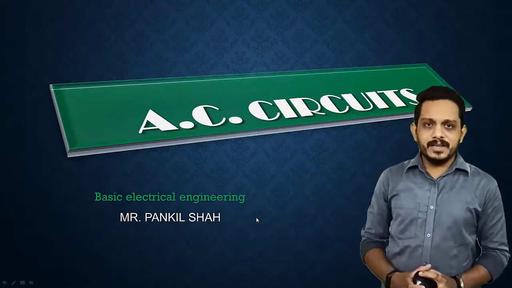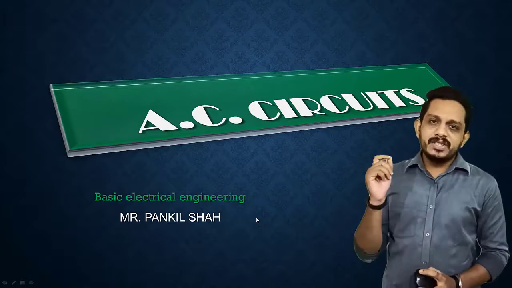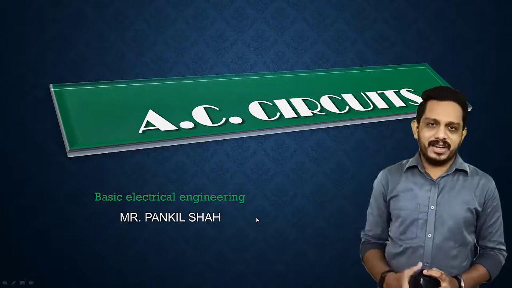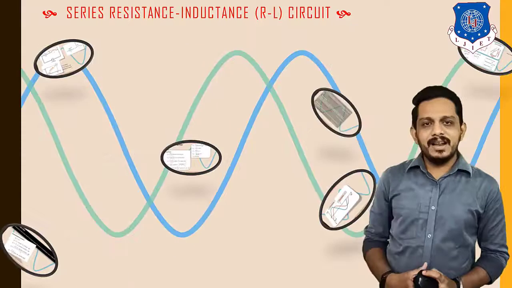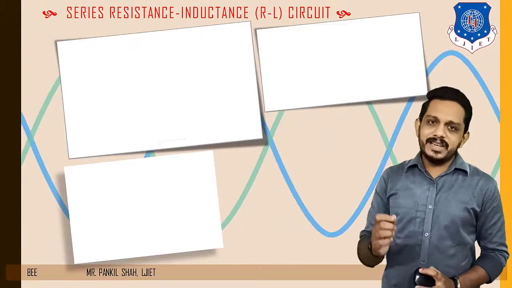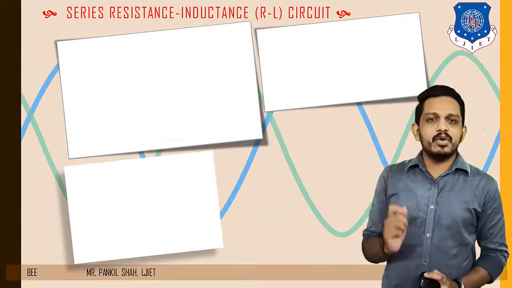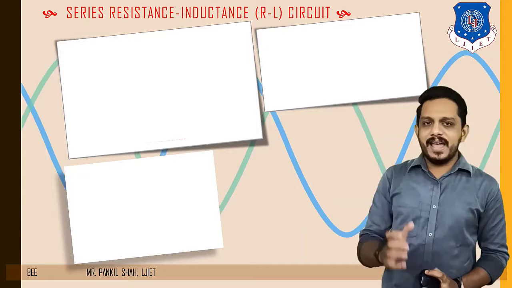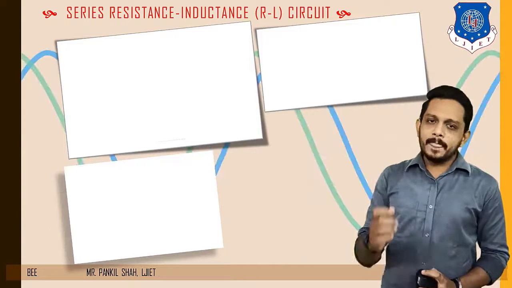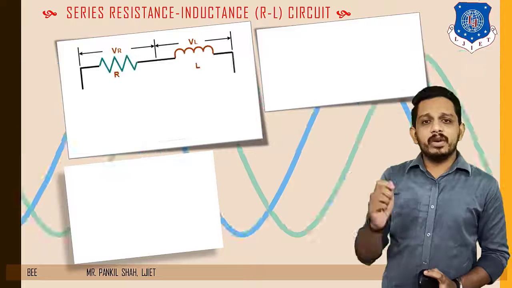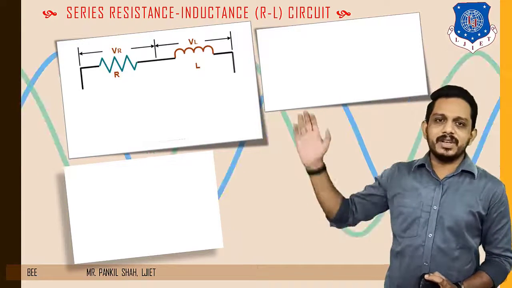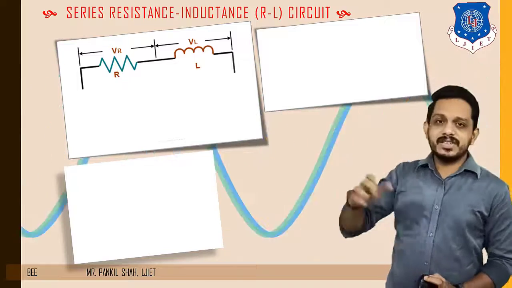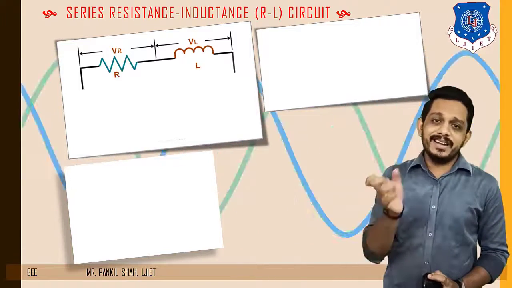So today's topic is analysis of series RL circuit. Let's see the analysis of the series RL circuit. First of all, you have to draw the circuit diagram. Take the symbol of one resistor, and with this resistor draw one inductor in series.